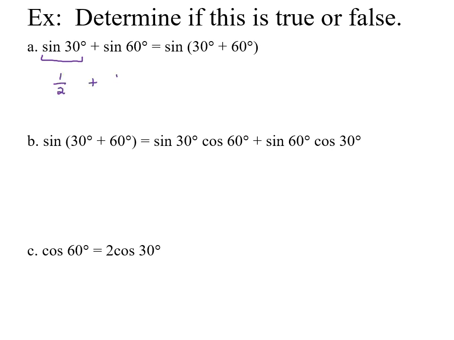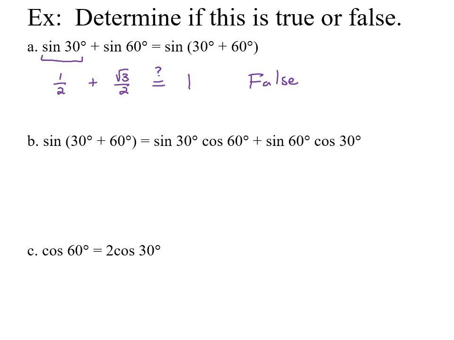And sine of 60 is root 3 over 2. They want to know, does that equal, this is actually sine of 90. Sine of 90 degrees, you could type that in the calculator, that's 1. So sine of 30 plus sine of 60 is not going to give you 1. This is false.